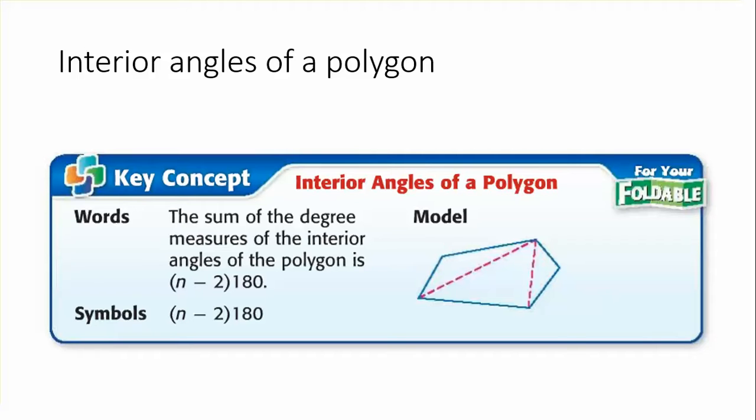But if we want to look at any other polygon, for example an octagon or a nonagon, a hexagon, we find the sum of the angle measures by taking n minus 2 and then multiplying that by 180, where n is the number of sides. So we're going to subtract 2 from the number of sides of the figure, and then we're going to multiply it by 180.